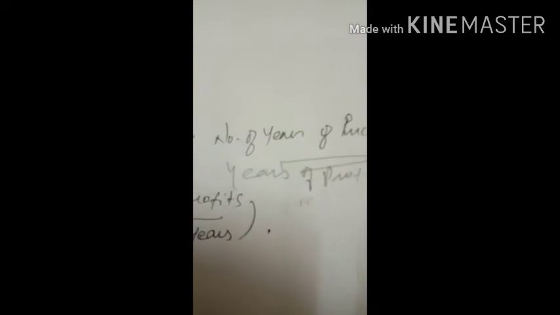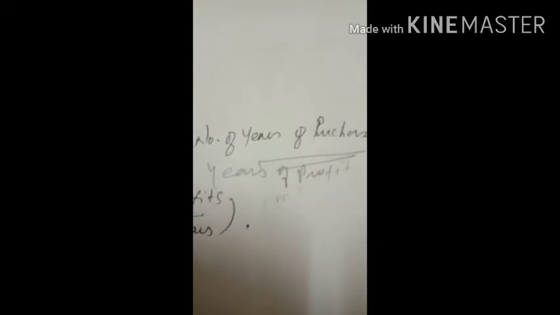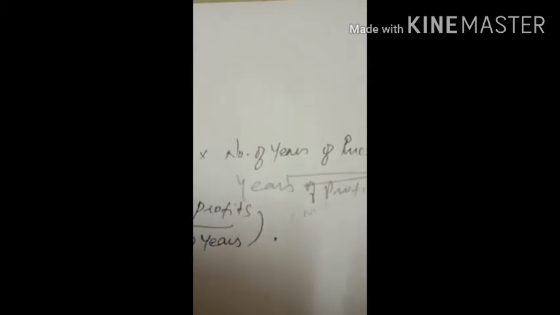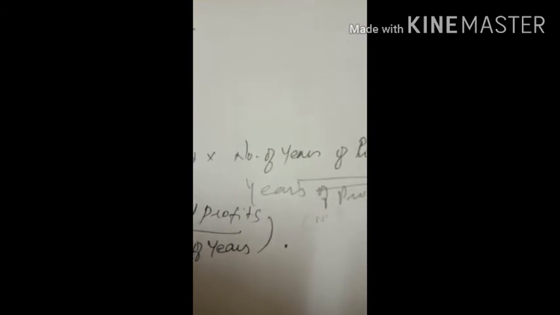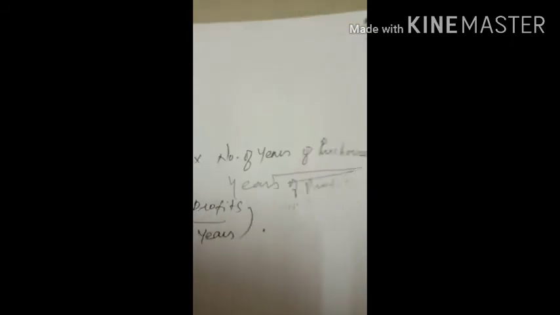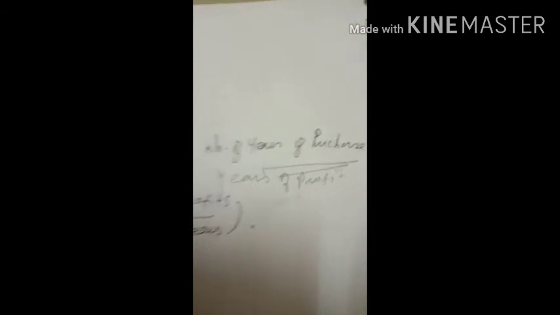Say the company is earning profit for more than 5 to 7 years. They take the profit for 3 years to calculate the goodwill. That is called number of years of purchase, based on the number of years of profit purchased. So we are going to calculate average profit into number of years of purchase.